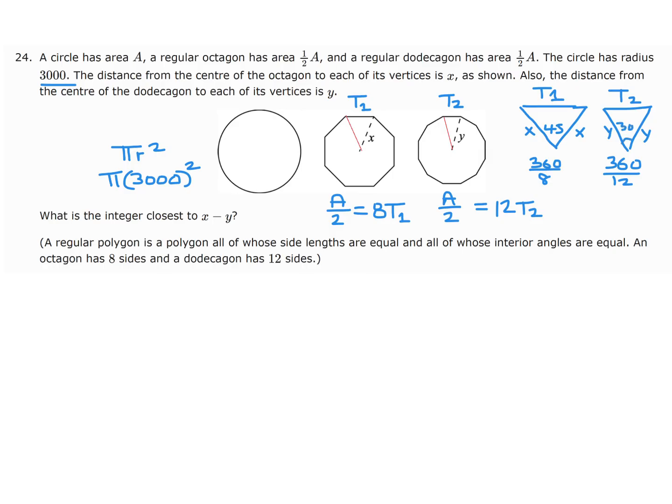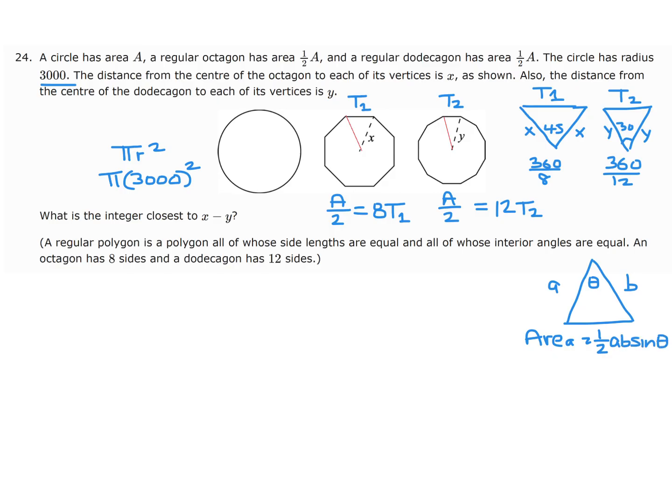Okay, so that's very helpful because you should remember that in trigonometry, there's a way of figuring out the area of a triangle. If you have a triangle like this, and this side is A, this side is B, and this angle is theta, the area is 1/2 A times B sine theta.